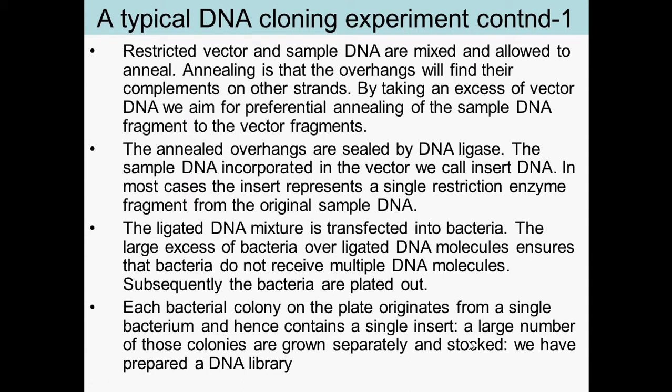The restricted vector and sample are mixed and allowed to anneal. Annealing is when the overhangs find their complements. So if you take excess of the vector DNA, the DNA that you want to incorporate is going to go into the vector.